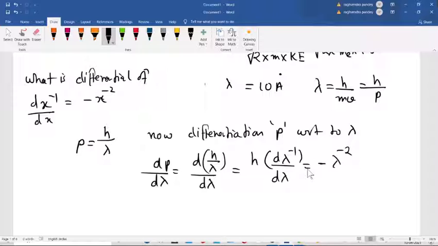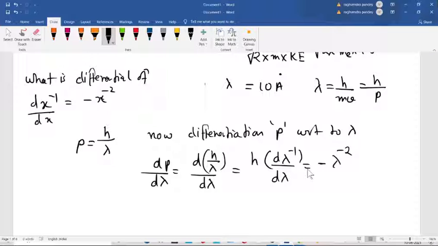Lambda is 10 angstrom, so we have already calculated it with this equation. So that is your 10 angstrom lambda, so that becomes 10 angstrom whole square, and then delta lambda is the error that you have to find.